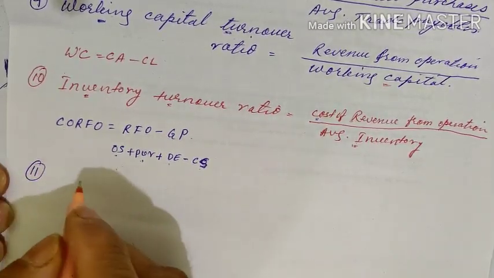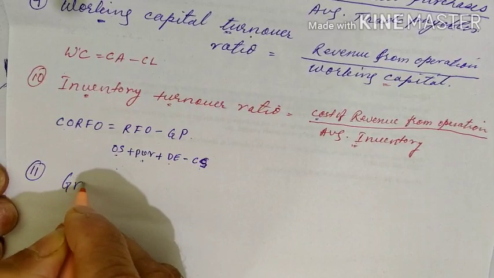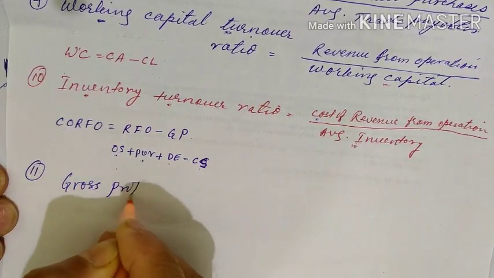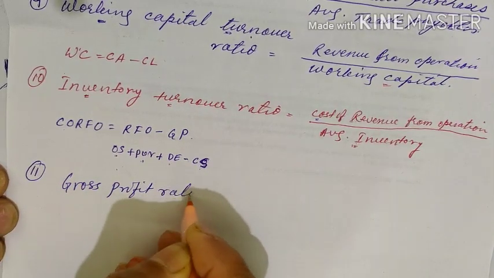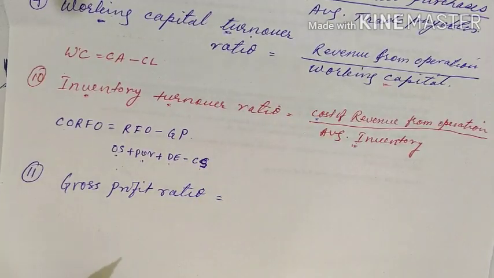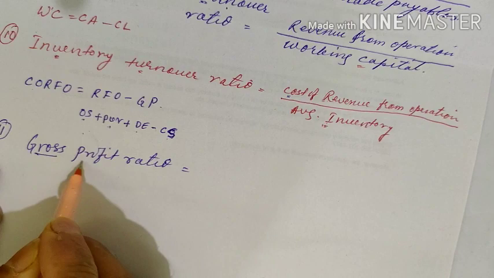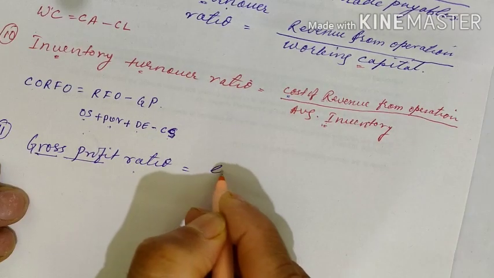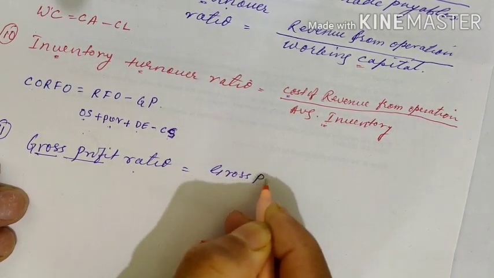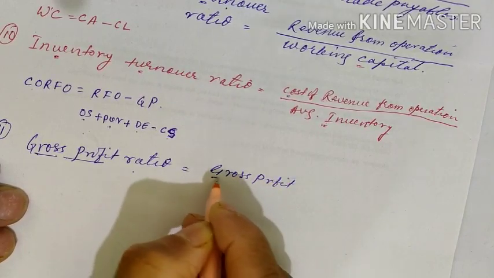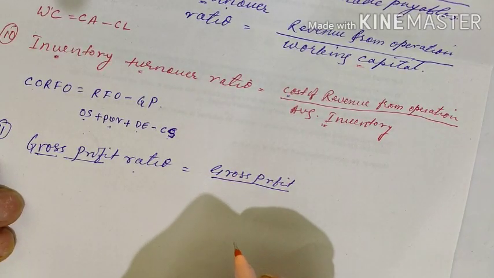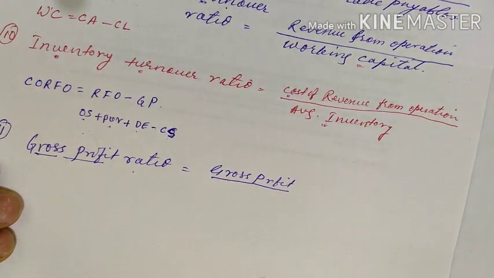11. Gross profit ratio. How do you calculate gross profit ratio? Again, here you have gross profit. You know the term gross profit, and gross profit is earned by selling goods.